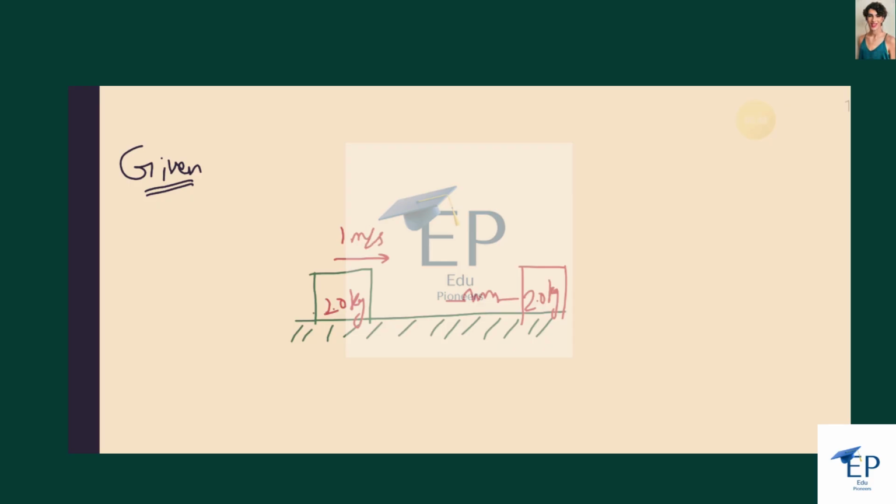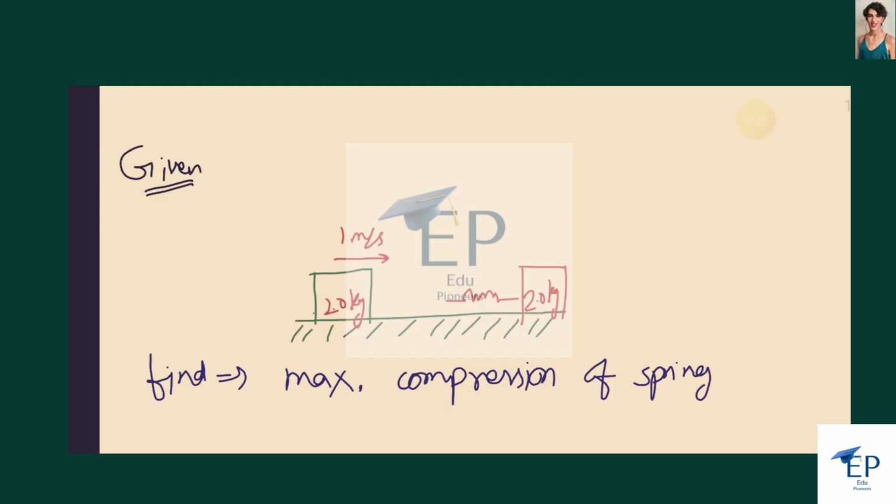The question asks us to find the maximum compression of the spring, and the spring constant is given, equal to 100 Newton per meter. So this data is given.